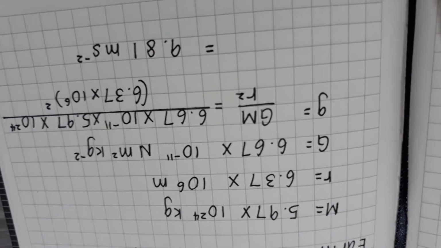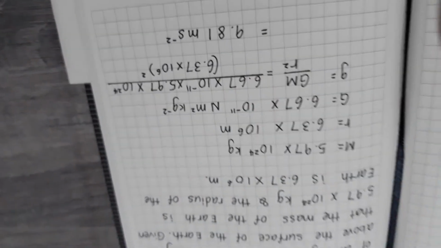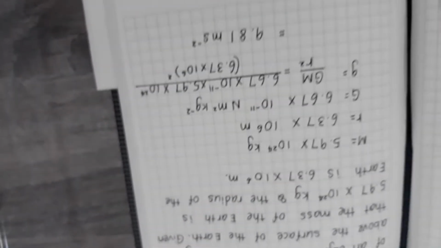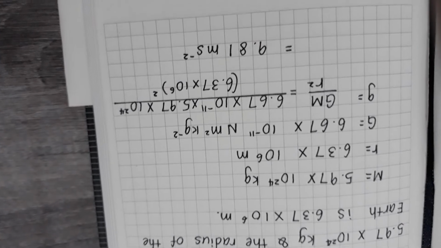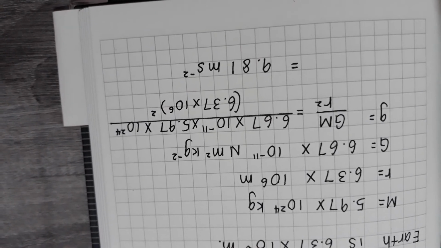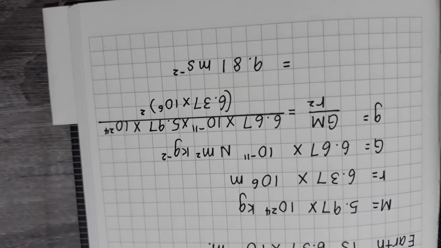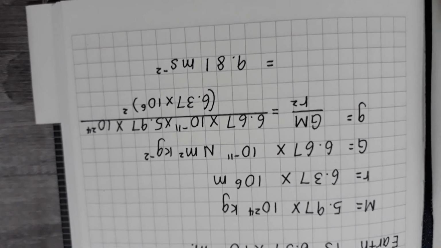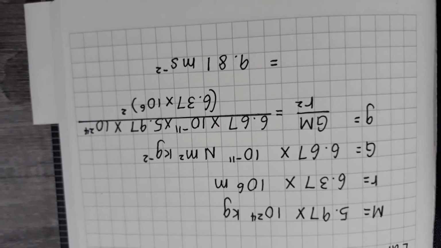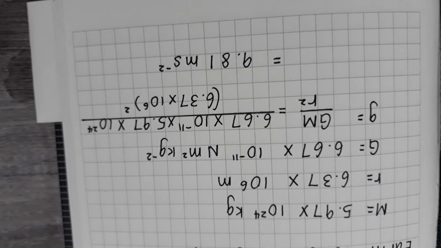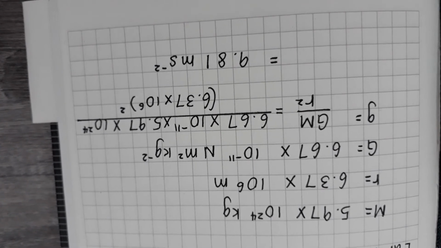So we just have to plug in the formula. M equal to the mass of the Earth. Okay, the mass of the Earth is 5.97 times 10 power of 24. R, which is the radius of the Earth, is 6.37 times 10 power of 6 meter.